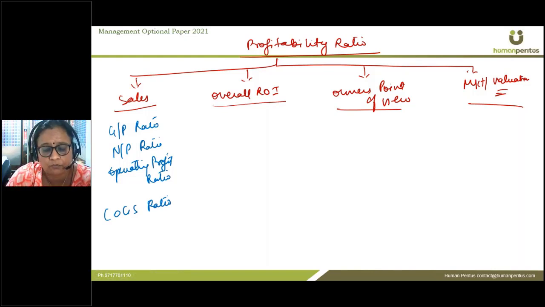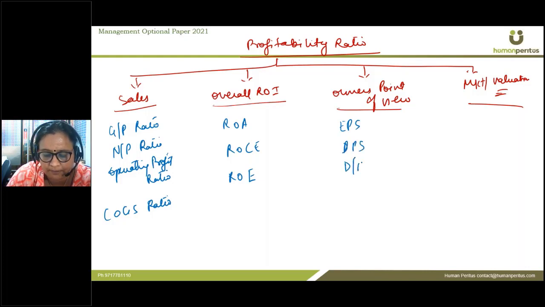If you are talking about profitability ratios which are related to overall ROI, so we have categories like return on assets, return on capital employed, and return on equity, right? And from owner's point of view, which ratios are relevant? Earning per share, dividend per share, and then we have dividend payout ratio.